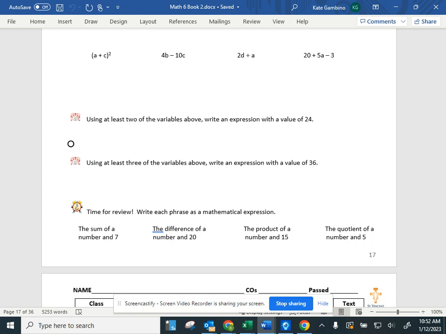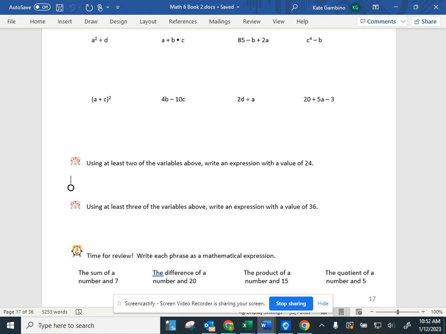It says using at least two variables. So if you want to use more variables, you can do other terms, like up here, they have a 3 in there. There's only one variable here, 20 plus 5a minus 3. There's one variable, but you can have other terms in there.